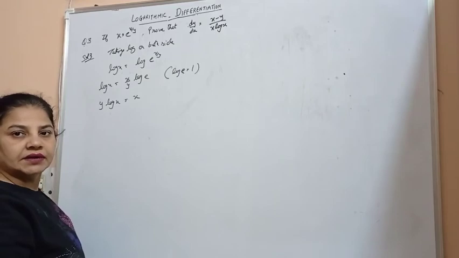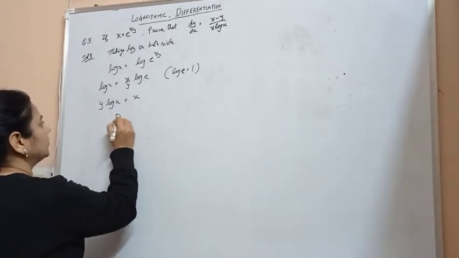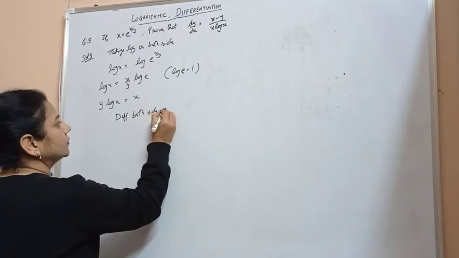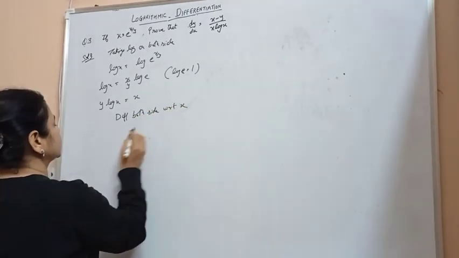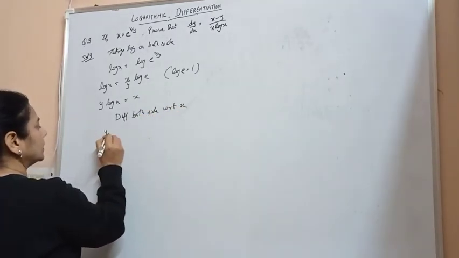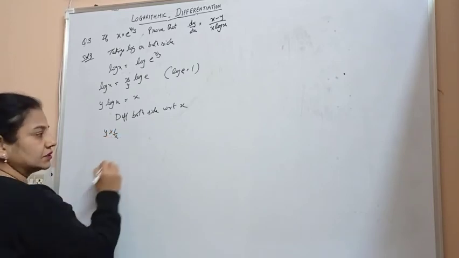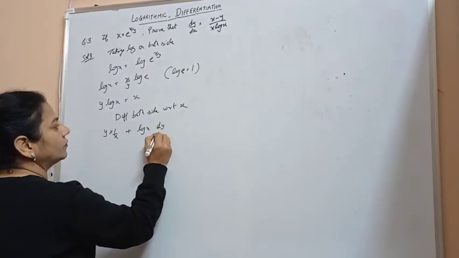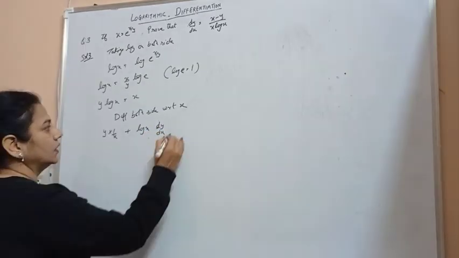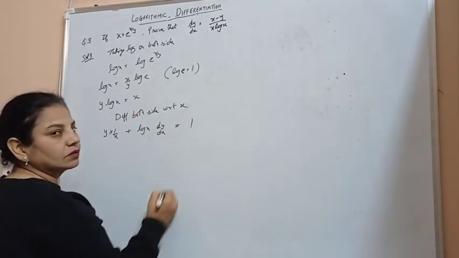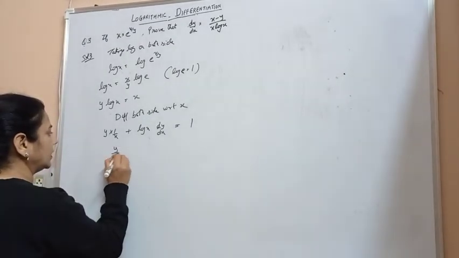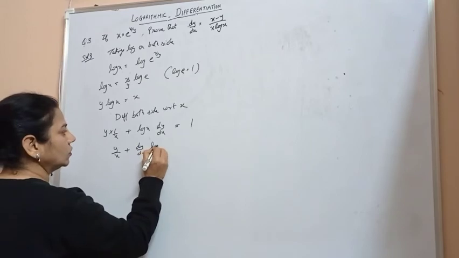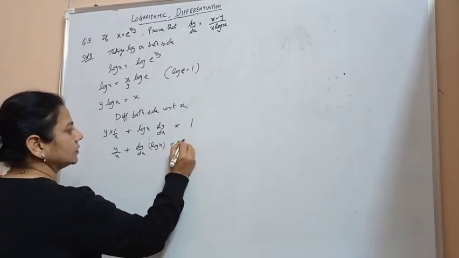Now differentiate both sides with respect to x. First function into derivative of second function plus second function into derivative of first function. Product rule. And derivative of x is 1 only. So I get y upon x plus dy by dx log x is equal to 1.